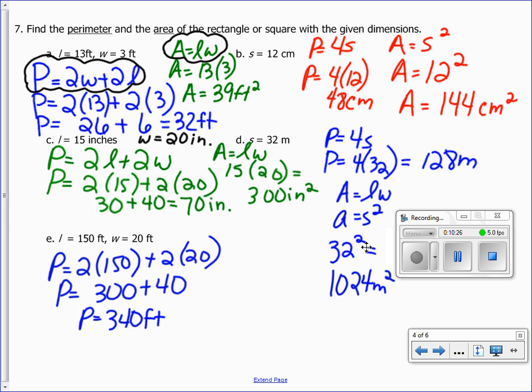Remember, area is length times width. Area is going to be equal to 150 times 20. Your answer for that is going to be 3,000 feet squared.